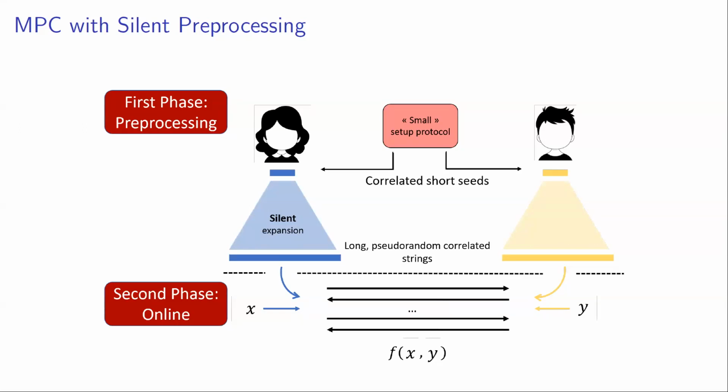They don't have to know X nor Y nor F, and therefore it can be very practical, because the first phase is constrained by efficiency, but you can just do it before the computation.